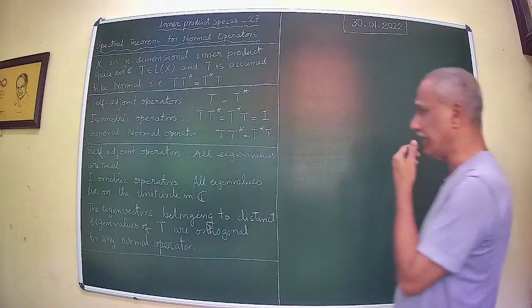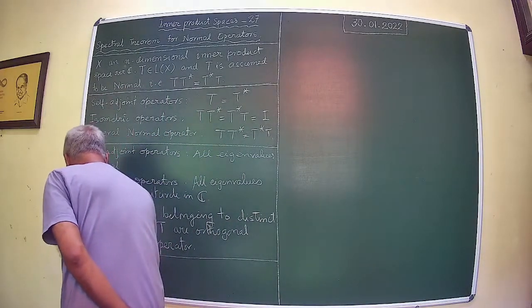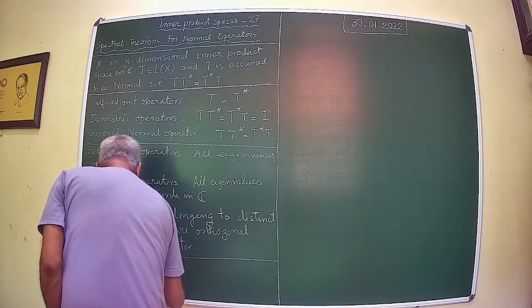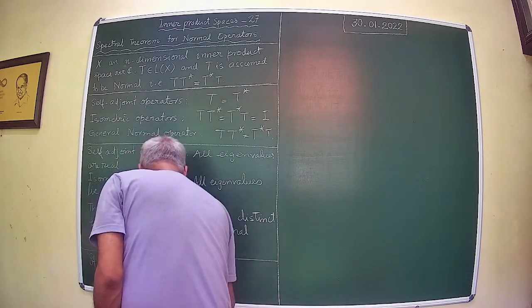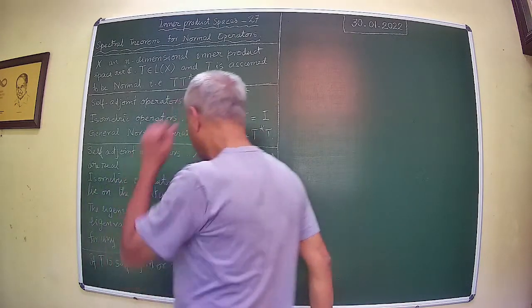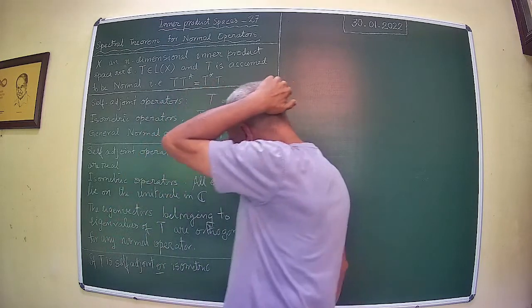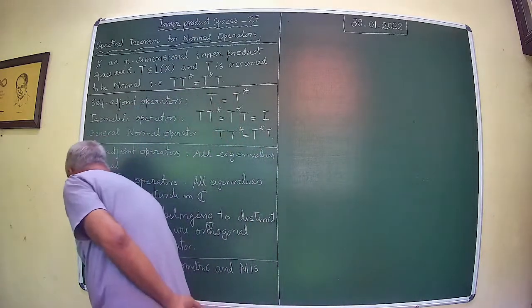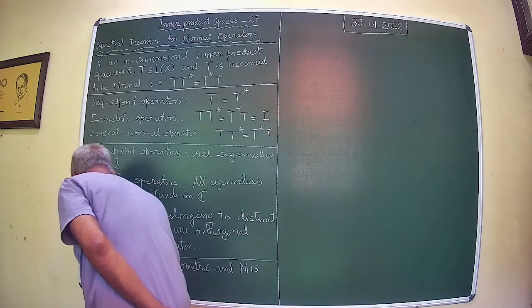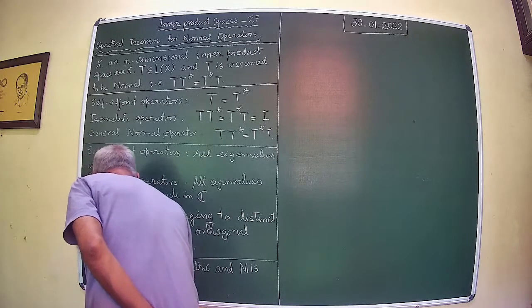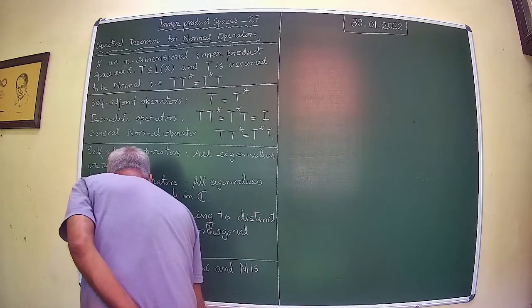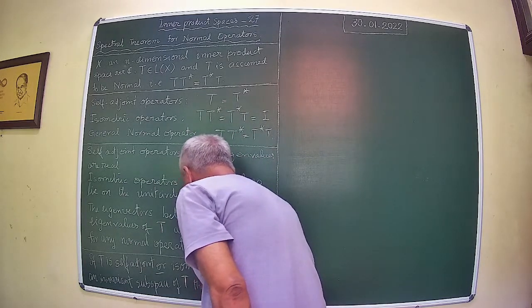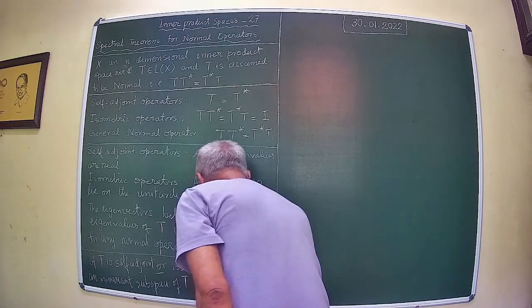Now if T is self-adjoint or isometric, and M is an invariant subspace of T, then M perp is also invariant.